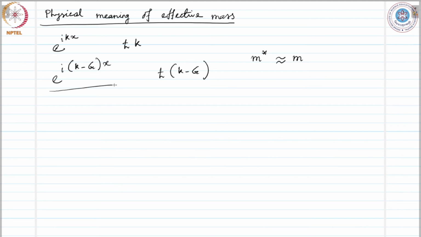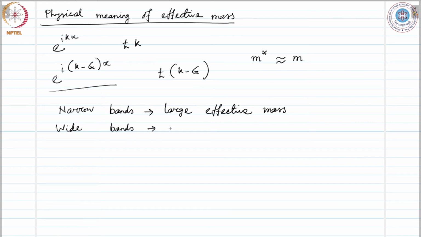So, narrow bands have large effective mass and wide bands have small effective mass. This you can find from the expression of the effective mass.